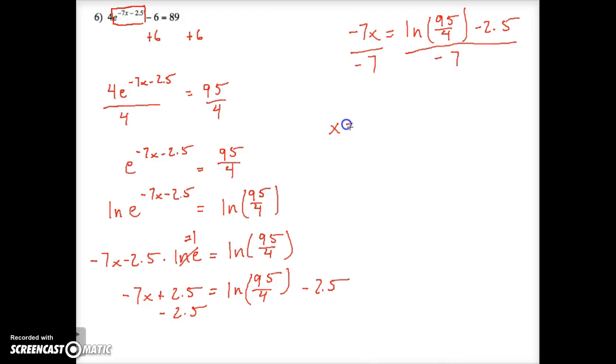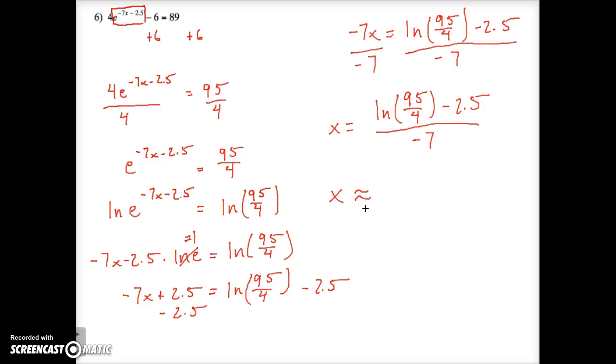So x equals the natural log of 95 over 4 plus 2.5, all divided by negative 7. Again, that's the exact answer, an acceptable answer, or we can approximate this in the calculator.